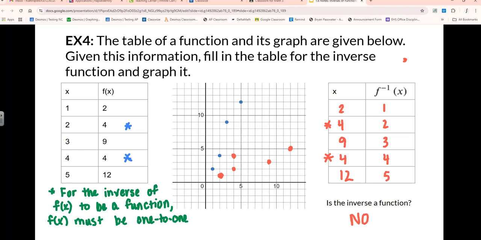So if your original is a one-to-one function, your inverse is also going to be a one-to-one function. If your original is not a one-to-one function, then the inverse is not going to be a function. Okay, questions?